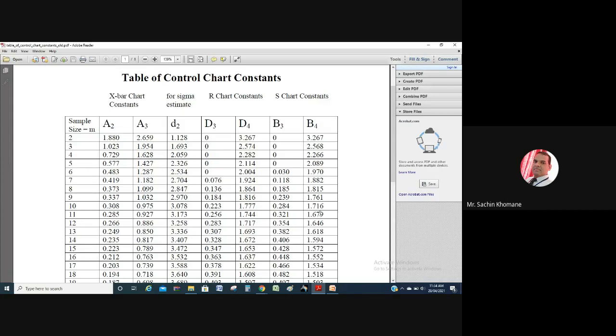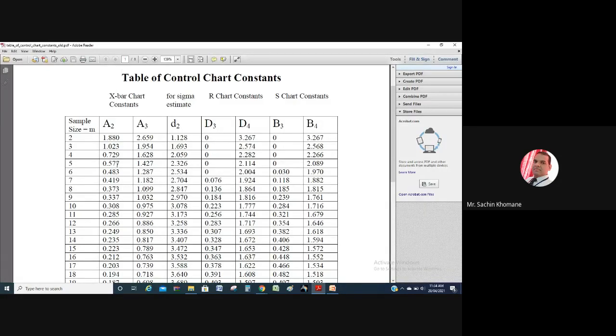Okay. For the fifth number, how many columns were there? You have taken 5 samples, right? So the A2 value here is 0.577. Right, 5 columns were there.